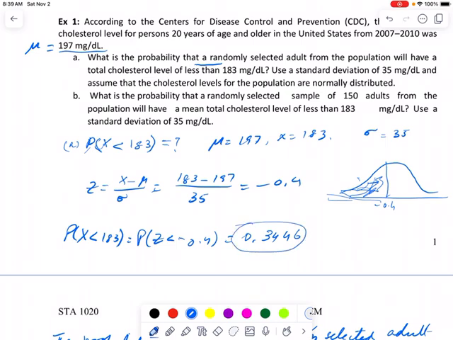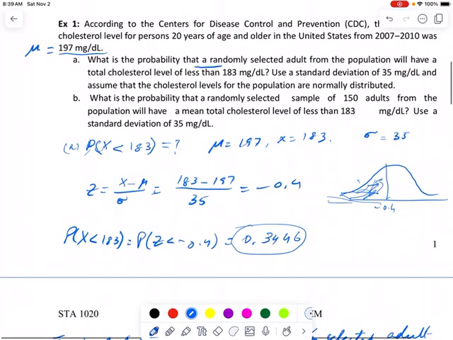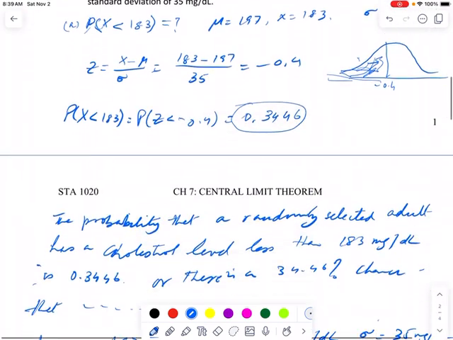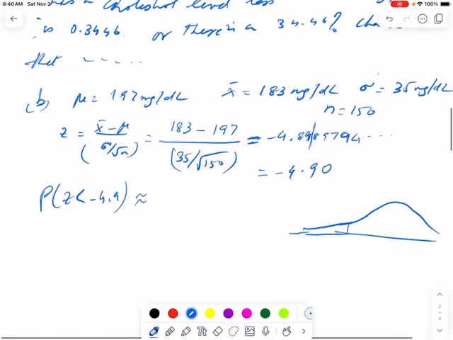But if we are finding the average cholesterol level of 150 people, there is almost no chance that the average cholesterol level will be lower than 183, because in order for it to be lower than 183, a lot of values have to be less than 183, which is not possible. Okay, let's look at the next example.